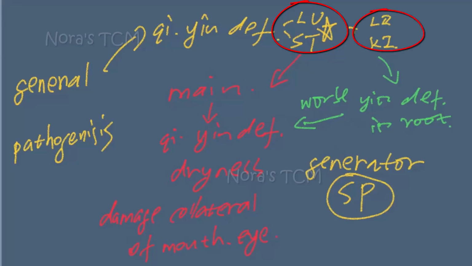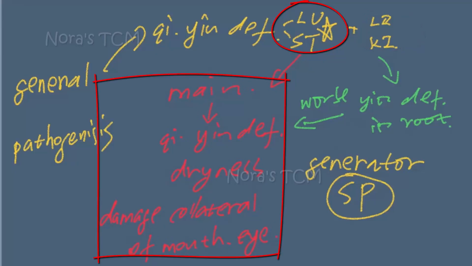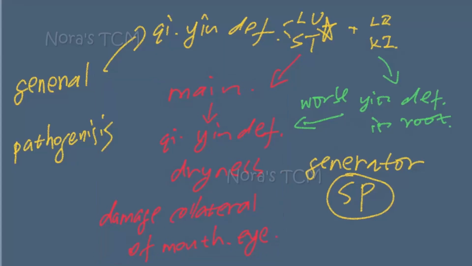But the main part is the qi and yin deficiency in lung and stomach to form the dryness. And also we have to say liver kidney yin deficiency is another aspect, but maybe it doesn't come out very obvious in early stage, or we say early phase, developing phase. It gradually comes out its function in the developing process.